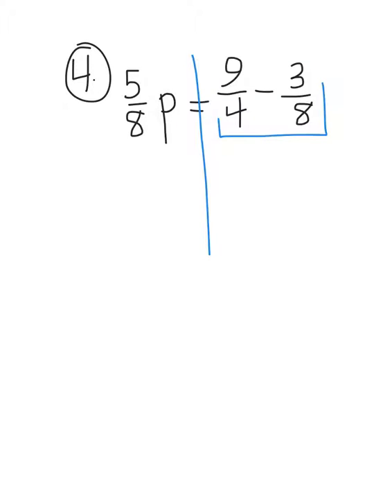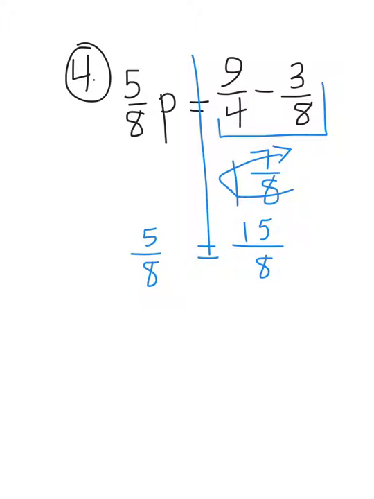I'm going to go 9 ABC 4 minus 3 ABC 8. That is going to give me a 1 and 7/8. If I was going to convert it back into MN form, I'd go 8 times 1 is 8 plus 7 is going to be 15/8. And that keeps my denominators the same.